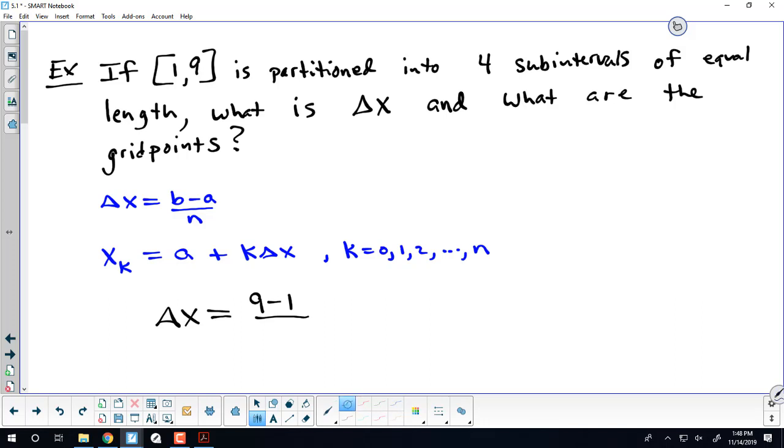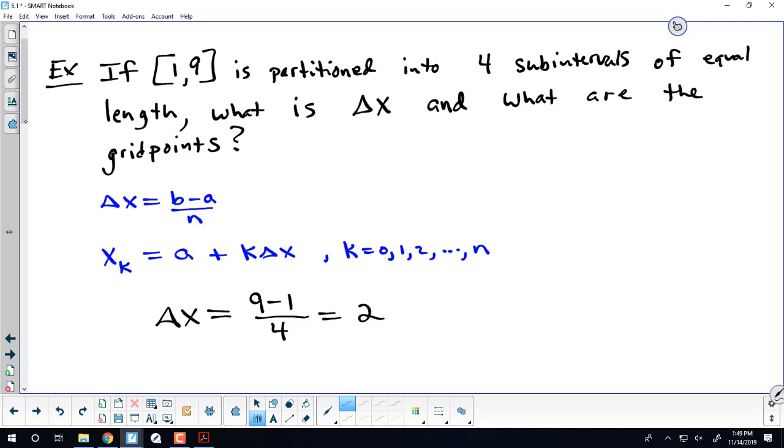So the number of subintervals, the number of rectangles is always n. They're like 3 different words to describe the number of rectangles. So we have 8 over 4. So the length of each rectangle is 2, delta x.